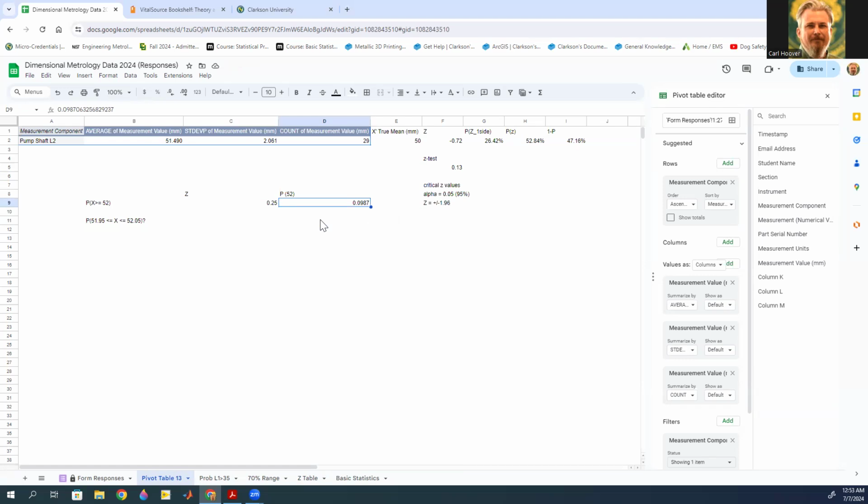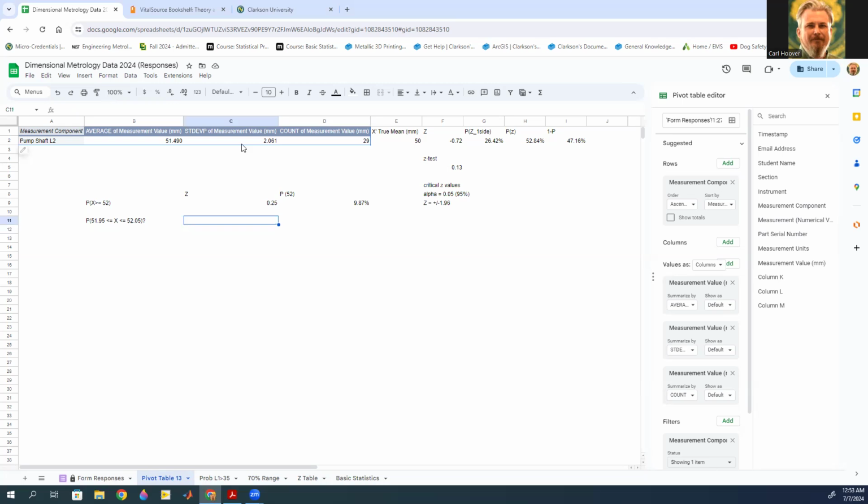So that is the range between the mean and 52, which in percentage is 9.87% probability. Now, if we're asking about between a certain range, we can compute intervals for that.